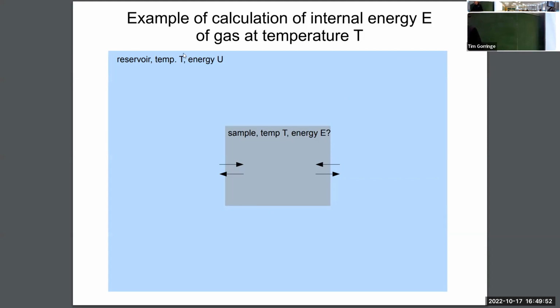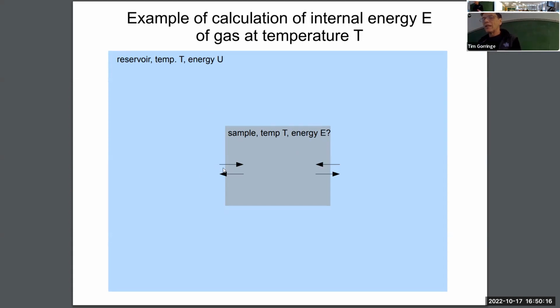So here I've just defined a few terms. The reservoir, this is the big vessel. The sample, this is the small sample. T is the temperature. Here's the energy of the reservoir. And we want to calculate the energy E of the sample, the internal energy E of the atoms and molecules of the sample.